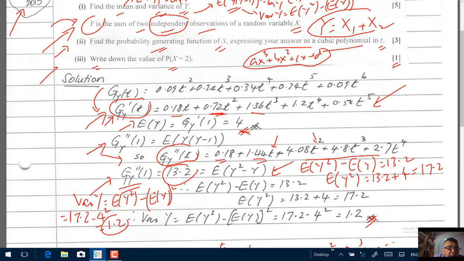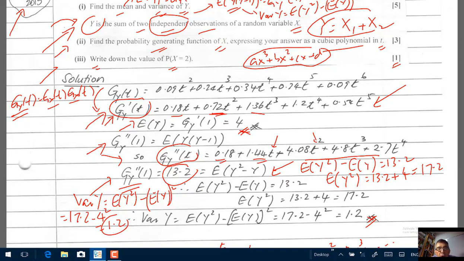So we can write, gy of t will be gx of t times gx of t. Remember, this is the sum of two independent observations of a random variable x. So using the independence property, we can write the PGF of y as the product of the PGF of x and the PGF of x.